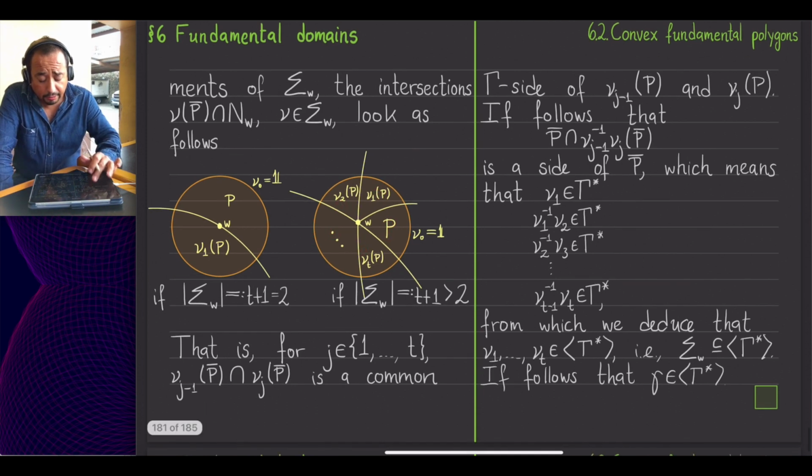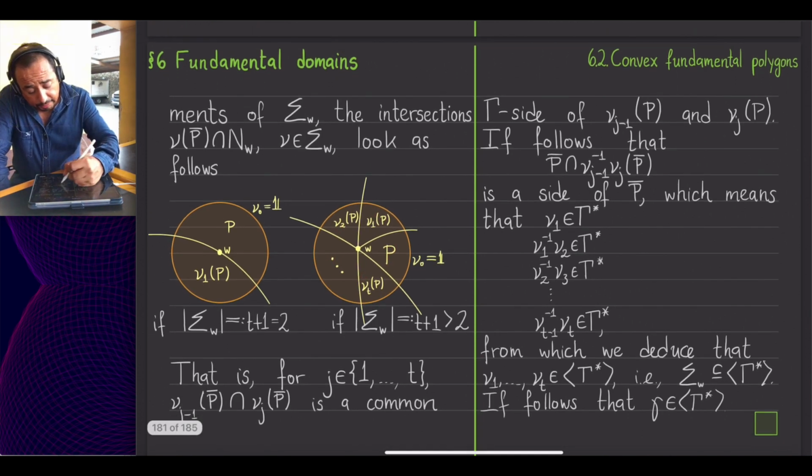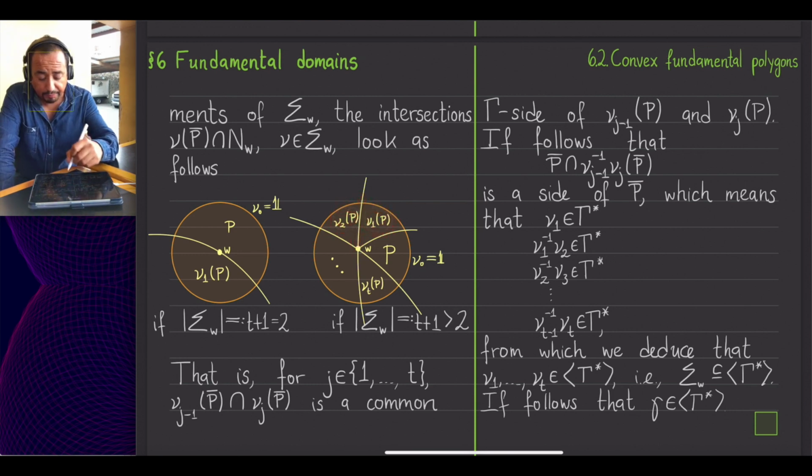Okay. Now notice this. The intersection of nu naught of P and nu 1 of P is a common side of P and nu 1 P. And the intersection of nu 1 P with nu 2 P is a common side of nu 1 P and nu 2 P, etc. Right?